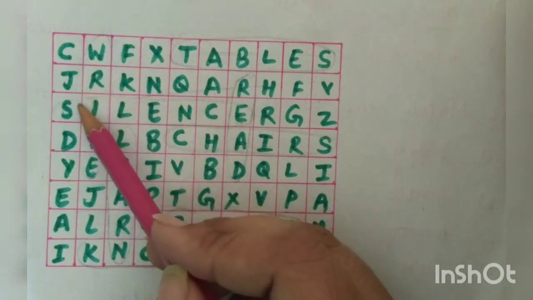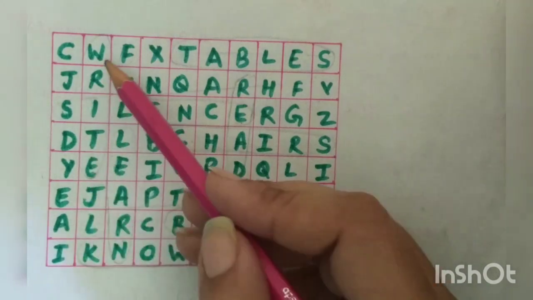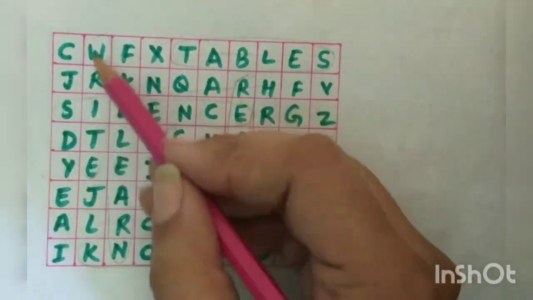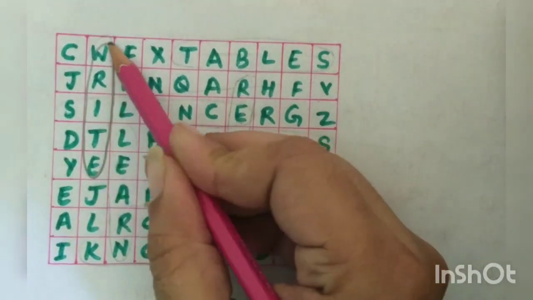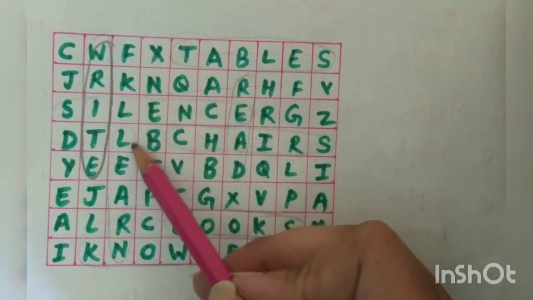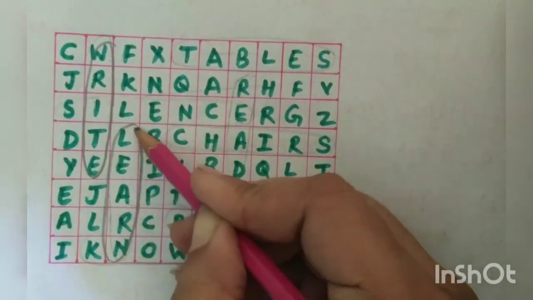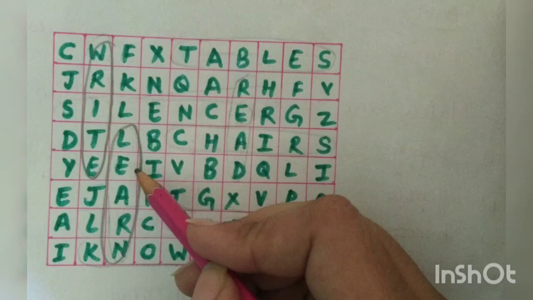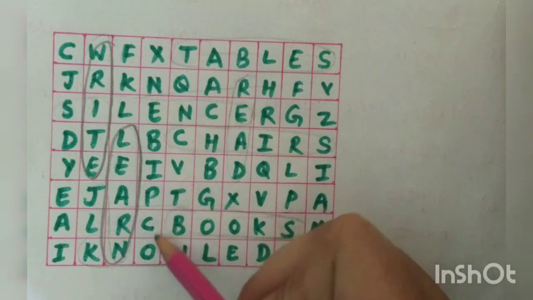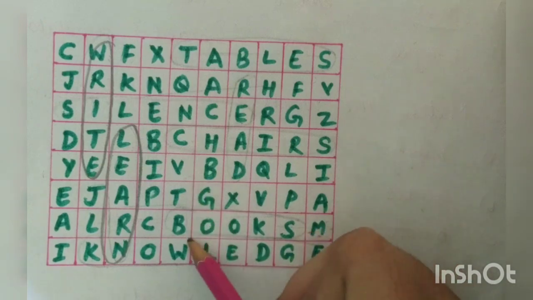So here in the first line no word is being made. In the second line, yes, WRITE. We write in the library, so we circle it. Now move on to the third one, LEARN. Yes, learn is the most important work we do in the library. Next, in the fourth line, there is no word, nor here also.